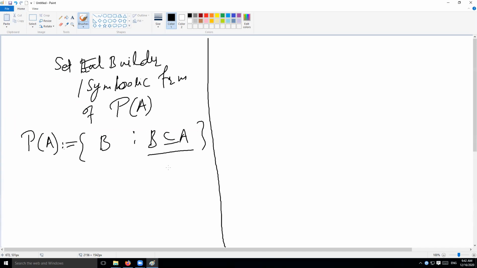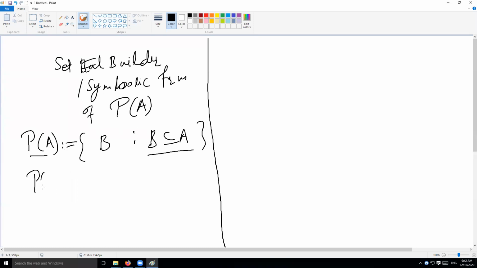So if you want to prove whether a given set is in the power set of A or not, just check this condition actually. Is it a subset of A? If it is, it must be an element of the power set actually. All right. So that is really the set builder form of it.